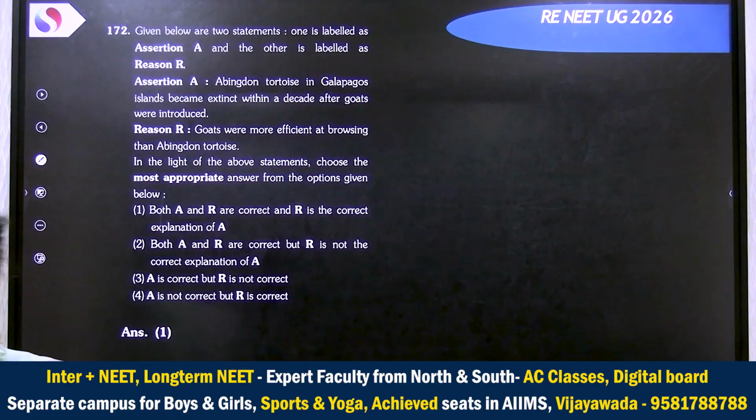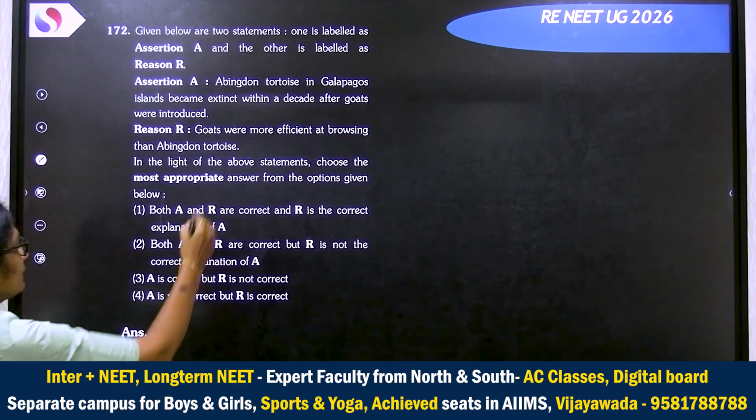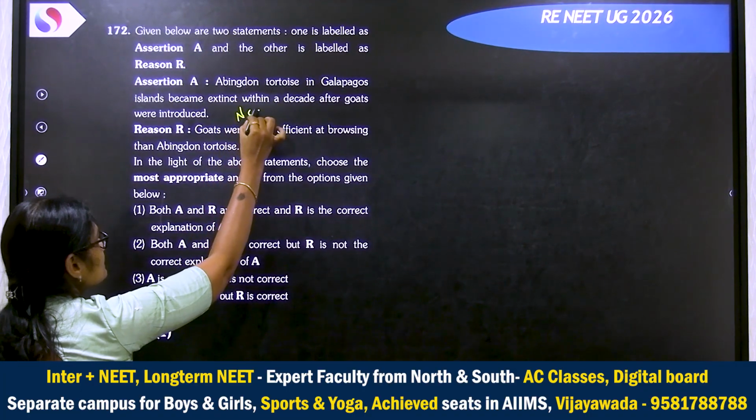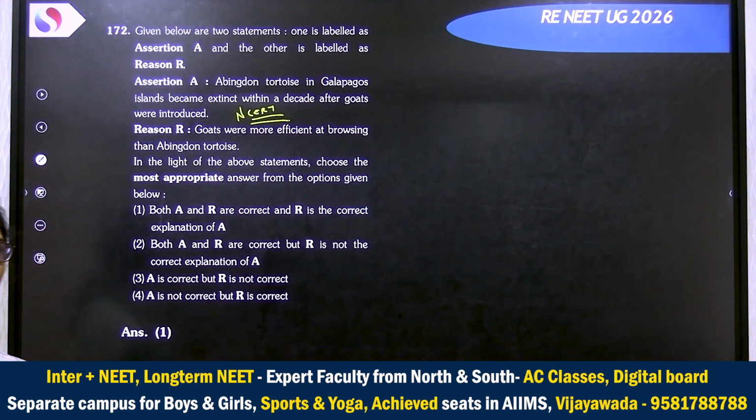Let us move to the next bit, 172, again from organism and population. Abingdon tortoise in Galapagos Island became extinct within a decade after goats were introduced. The Abingdon tortoise is a slow feeder, whereas the goat is a fast feeder.